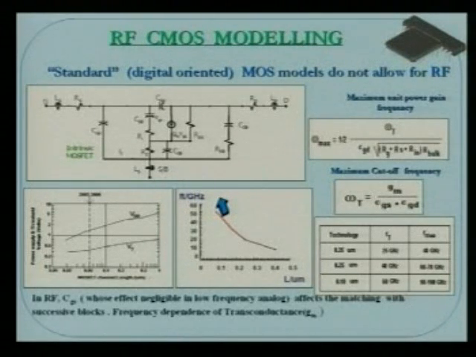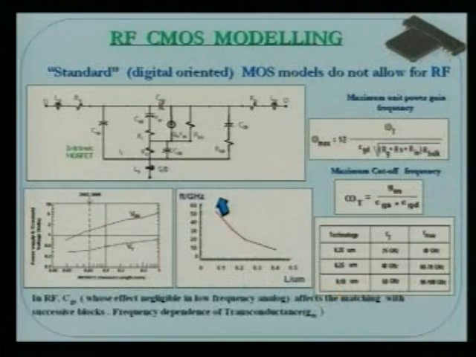Immediately you find the advantage of that, because power consumption goes as VDD square. So with the technology push, you can reduce the power consumption. That's why people are moving from higher threshold to lower threshold and lower power consumption, so that effectively you have more integrated circuits at lower power. And if you look at the cutoff frequency, with the reduced length you are actually increasing the frequency of operation.